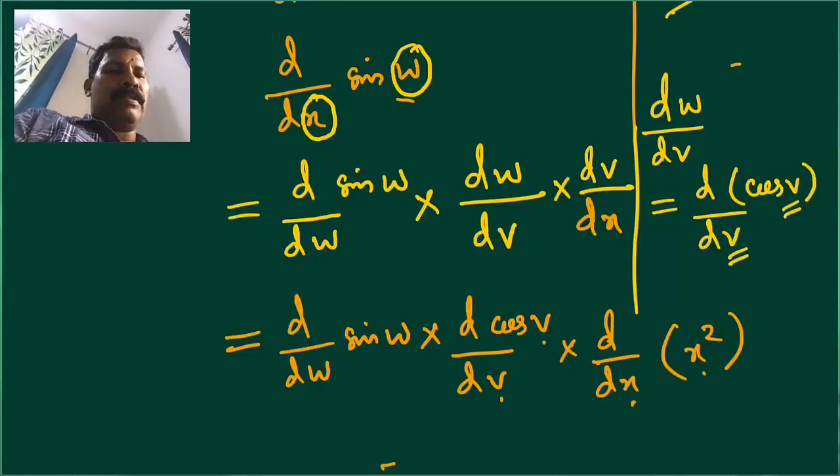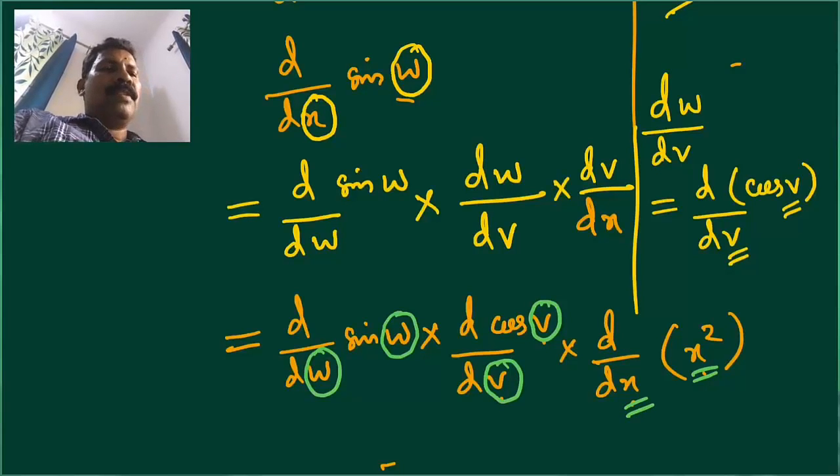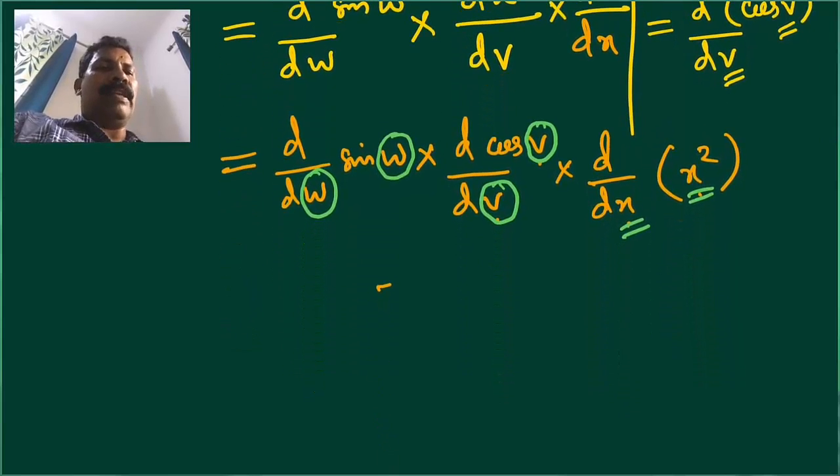So again variable matching. Now everywhere variables are matching. Here it is w, here it is w, so no problem. Here it is w, v in the function, and with respect to v, no problem. And here x is the variable, and again with respect to x. So we can have the derivative.